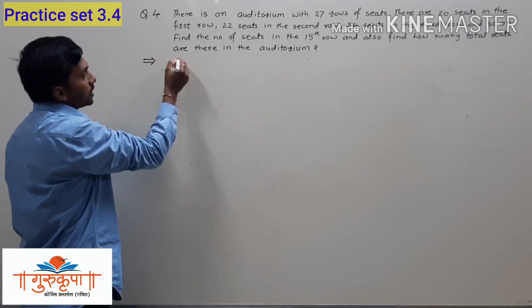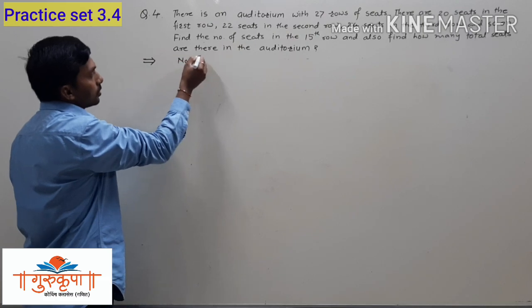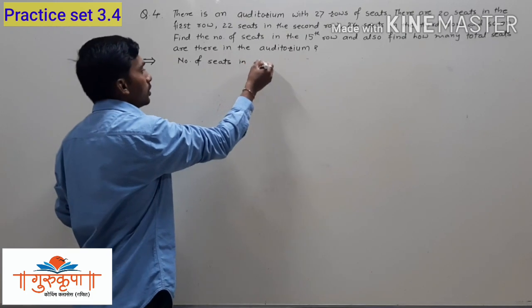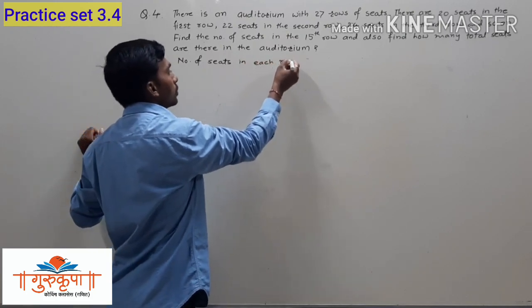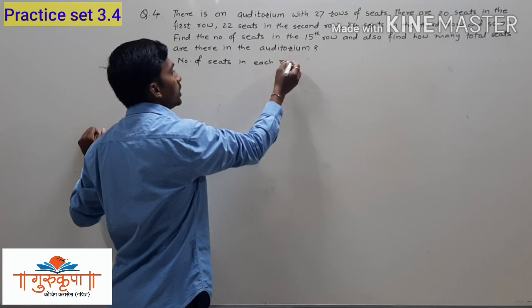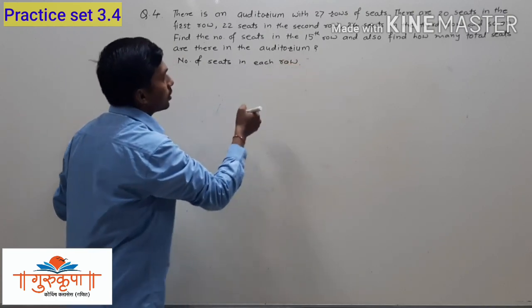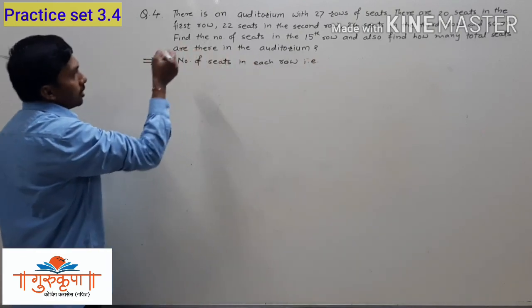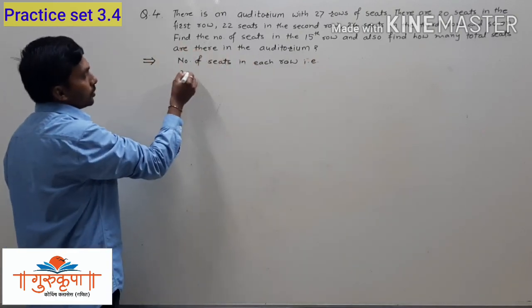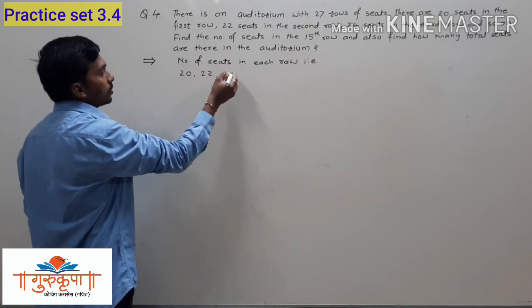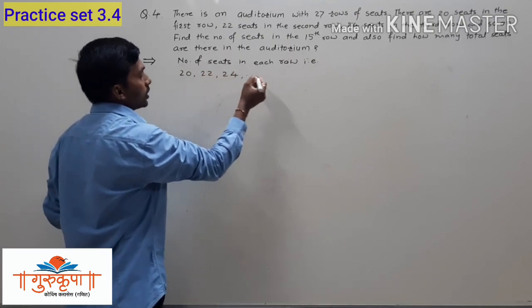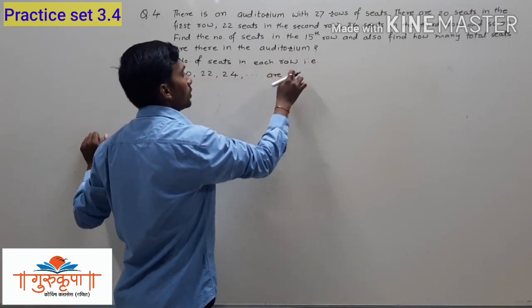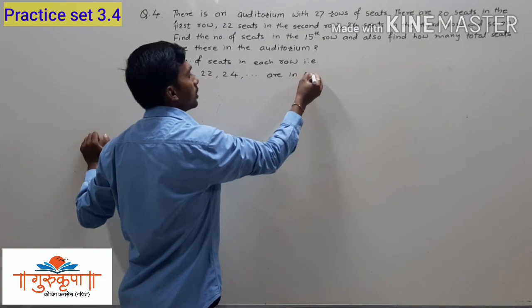The number of seats in each row, that is 20 seats in the first row, 22 seats in the second row, 24 seats in the third row, and so on, are in AP.